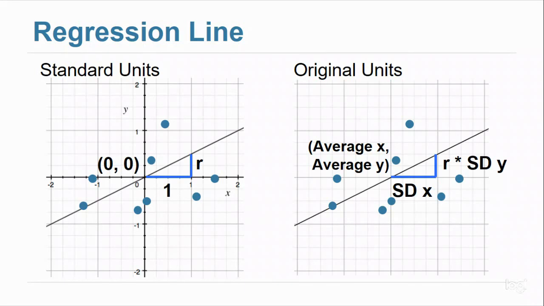In looking at the original units, you can see that we get the line whose slope is r times the standard deviation of y divided by the standard deviation of x. And we also can compute the y-intercept of that line, because we happen to know that that line goes through this average of x and average of y point.